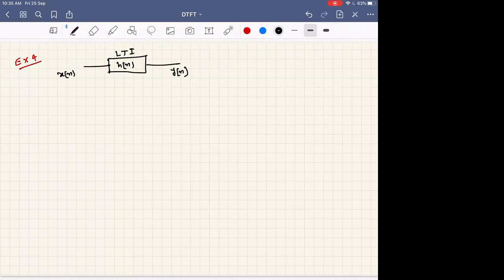Both are given in the discrete time domain. We are asked to find the output y of n.